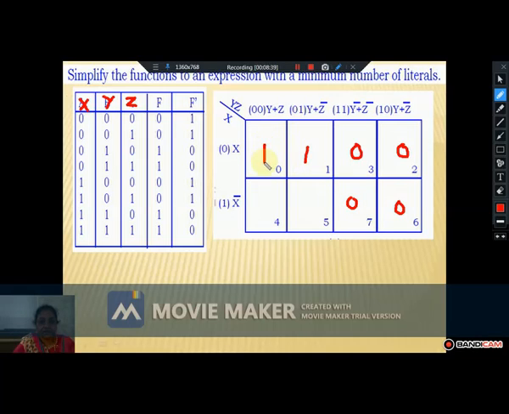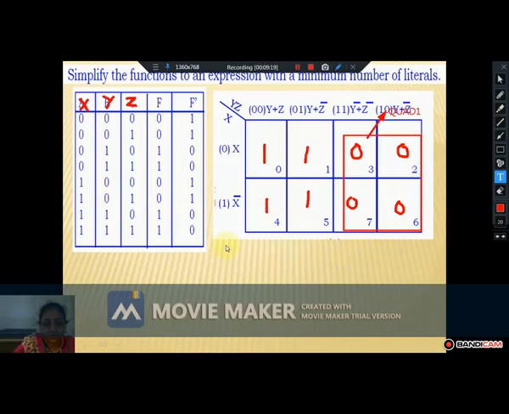As we are doing it for POS, we need to group zeros. So we need to group zeros. We will group these as a quad, and we mark this as quad 1, and now let's write the expression for the same.